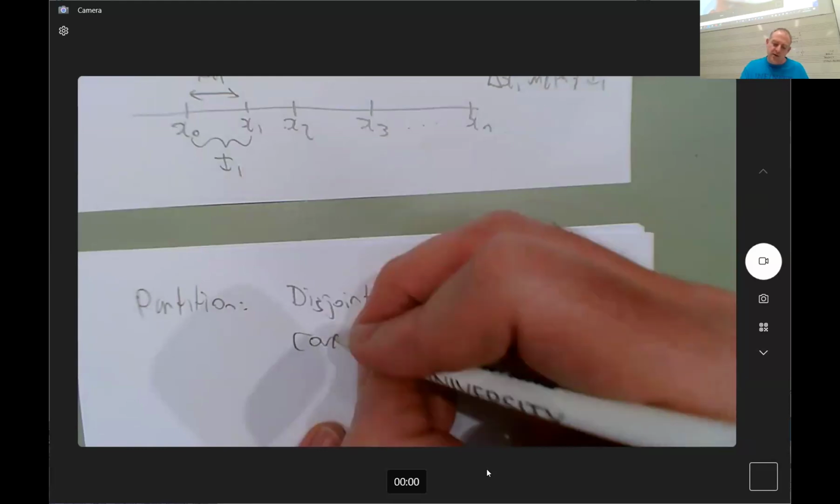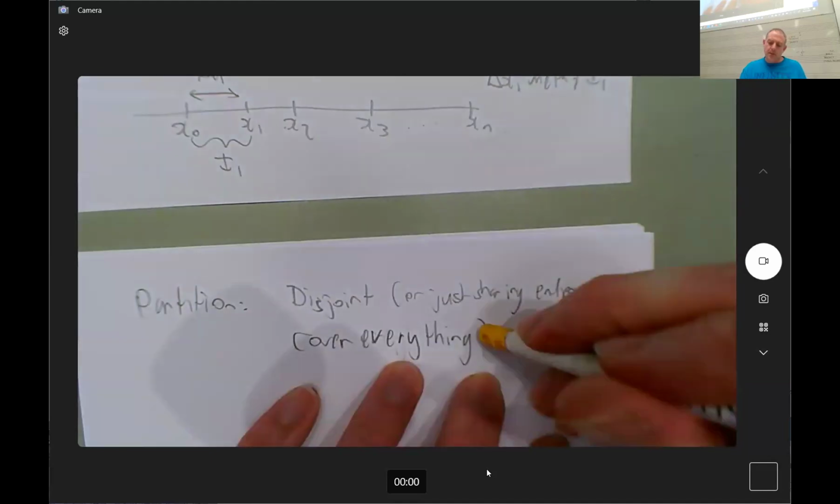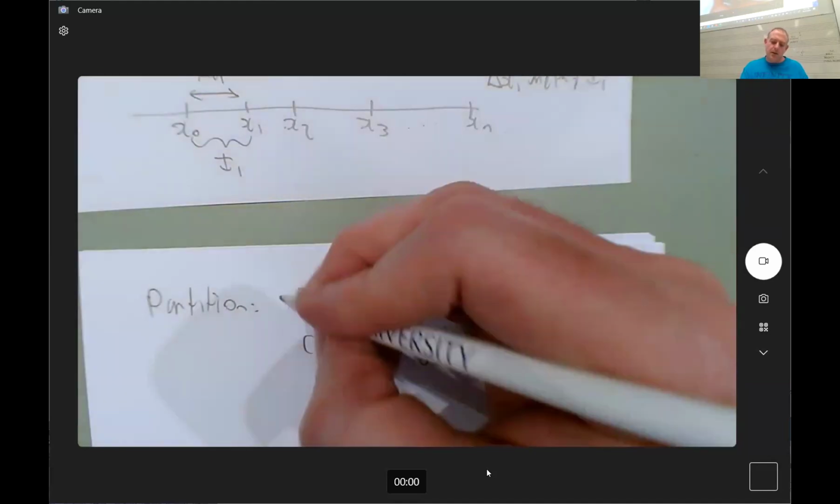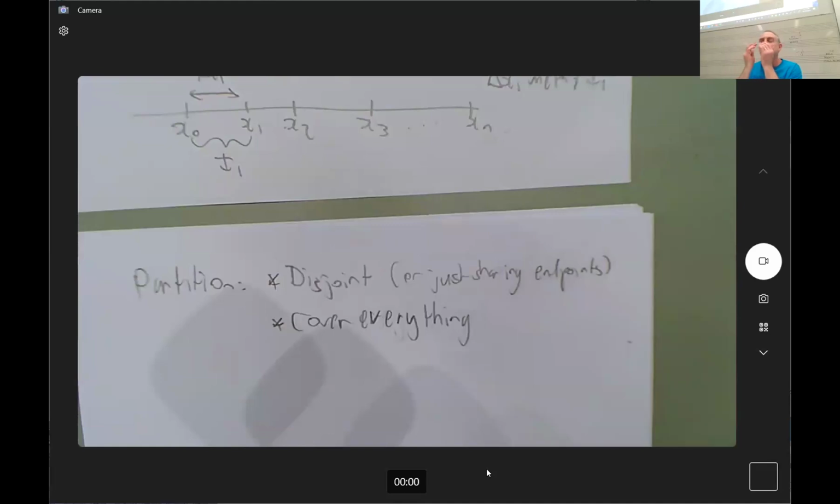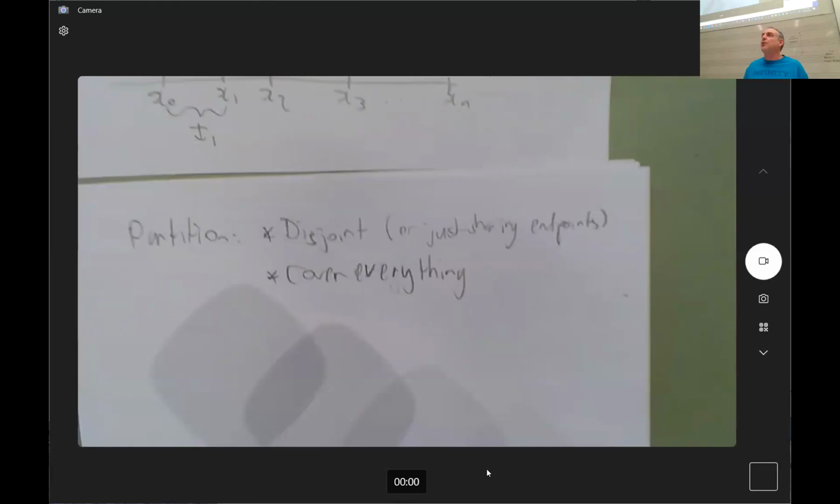Did the lecturer talk about equivalence relations in this course? Was that in algebra? Okay, all right. So equivalence relations produce partitions as well, in a similar way.